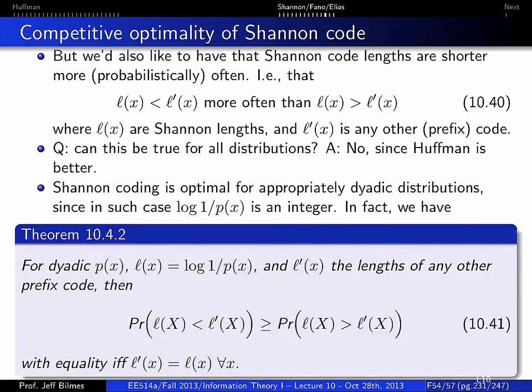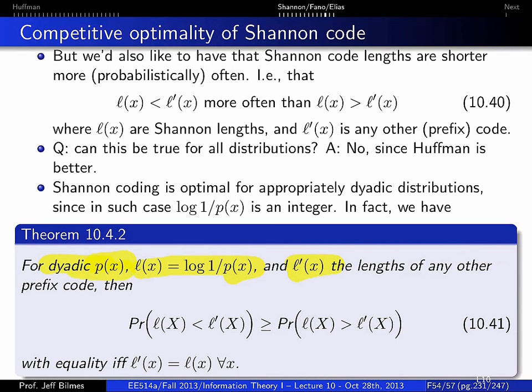And in fact what we end up getting is that if we have a dyadic distribution, which maybe you don't care about because you might say they're not realistic, that's not something that would ever happen, but in any event, that basically means that the length L of x is equal to 1 over p of x, which is an integer, and L prime is the length of any other prefix code.